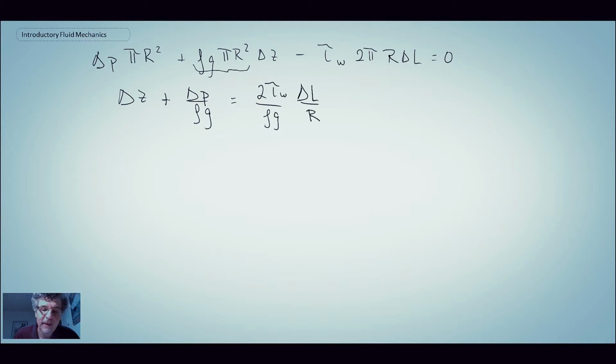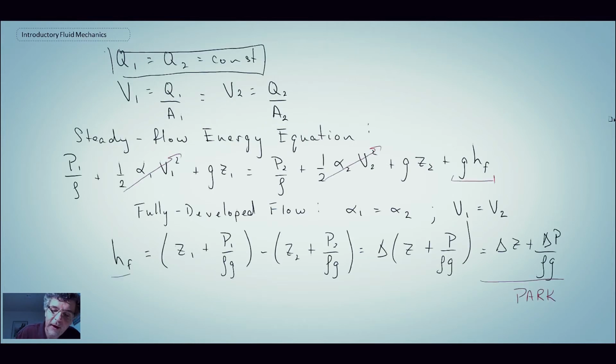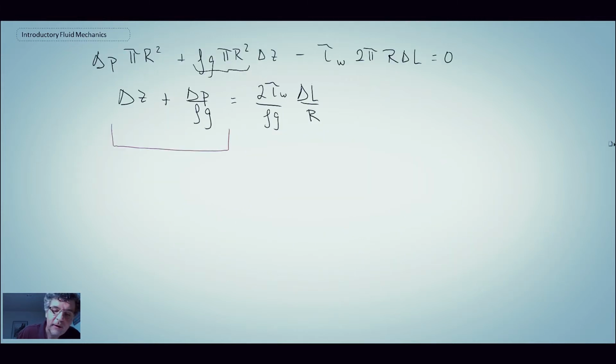So we get that there, but if we look at this term here, going back to our energy equation, that is the exact same term, which we said was equal to h_f. So delta z plus p over rho g, we can say that that is also equal to h_f. And that's from comparing energy with momentum.